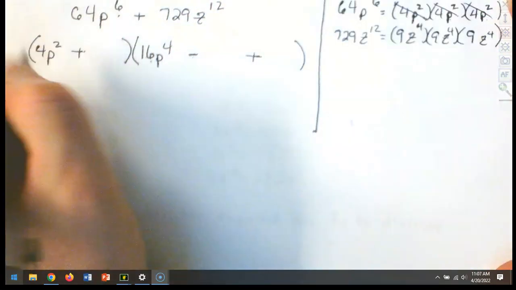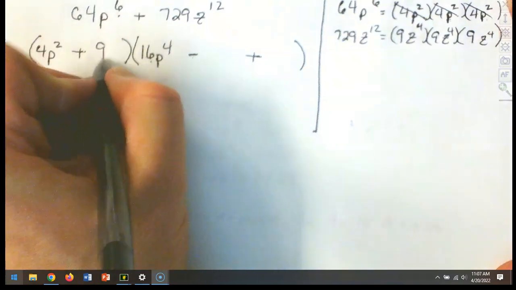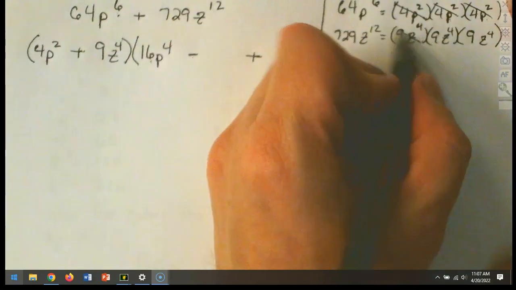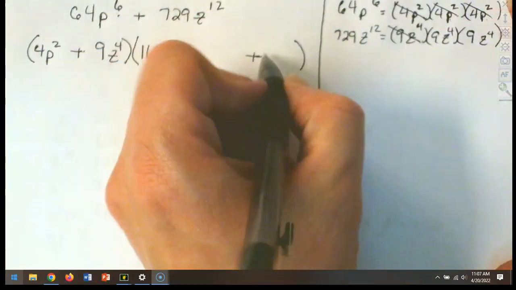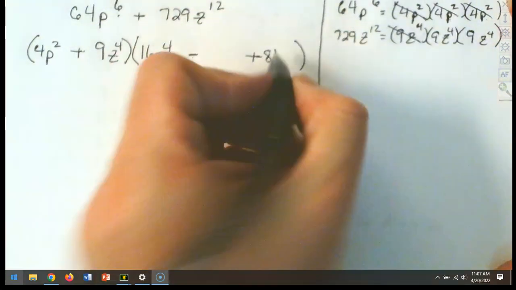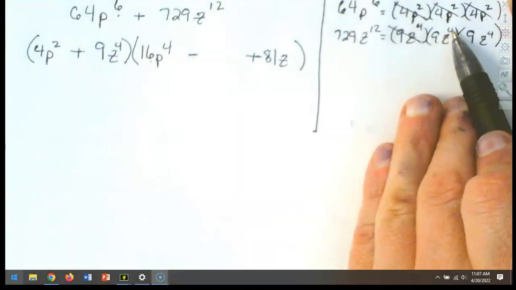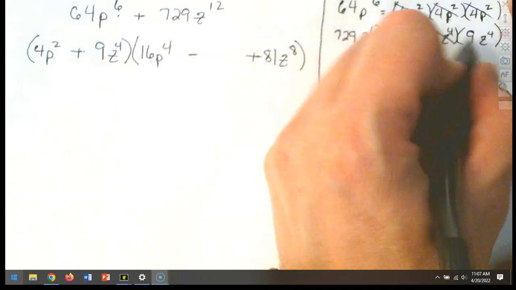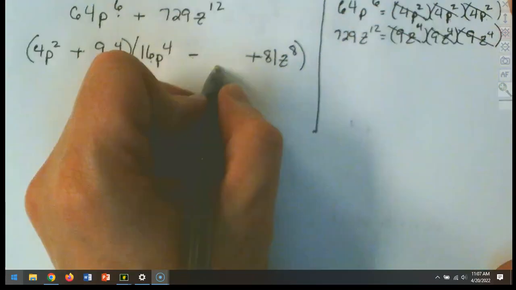Now we do the same thing with the 9z to the 4th. So 9z to the 4th here. Gone. 9 times 9 is 81. Z, and we've got 4, and 4 more makes it z to the 8th. What goes in the middle?